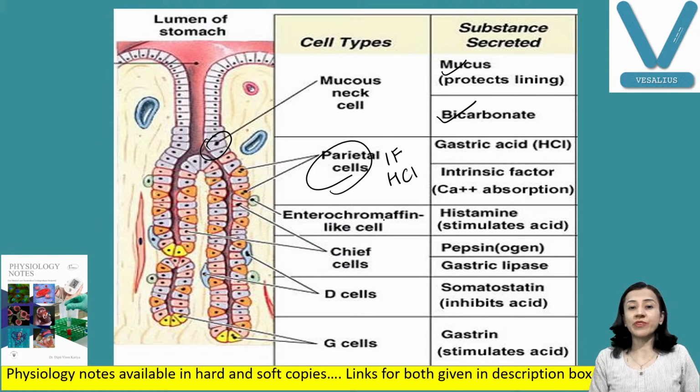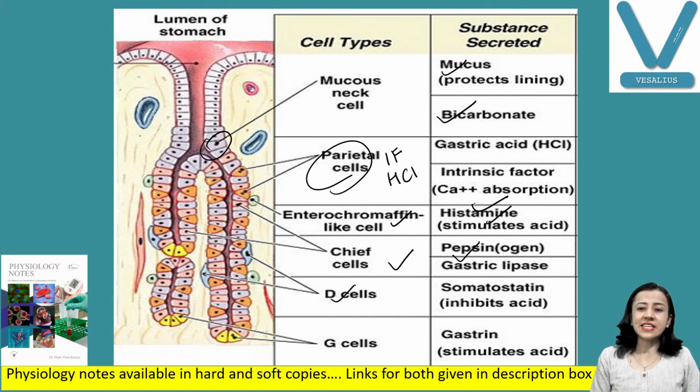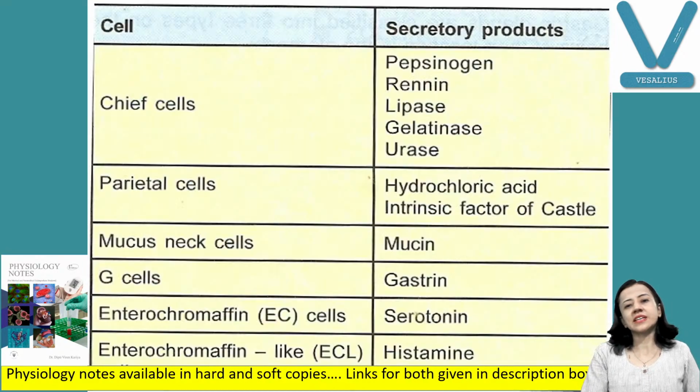Then enterochromaffin-like cells secrete histamine. Chief cells, or peptic cells, secrete pepsinogen, and some amount of lipase is also secreted. D cells secrete somatostatin, and G cells secrete gastrin. Fine. So these are the different cells, and they secrete different secretory products.